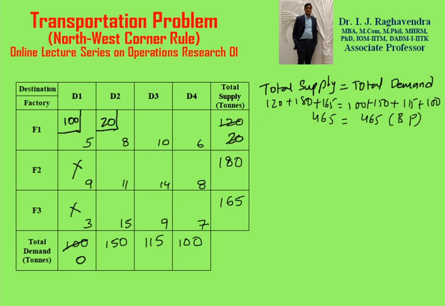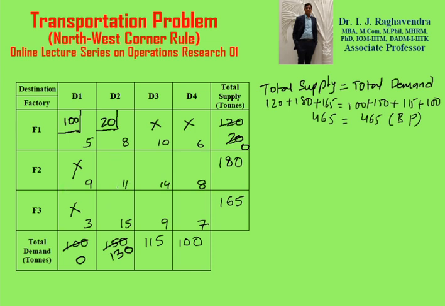So now F1 will become 0 and of the 150 demand, we supplied 20, so the remaining demand is 130. F1 total supply is 0, which means F1 cannot supply to D3 and D4. So we do not consider D3 and D4 of F1 for the next level of calculation.